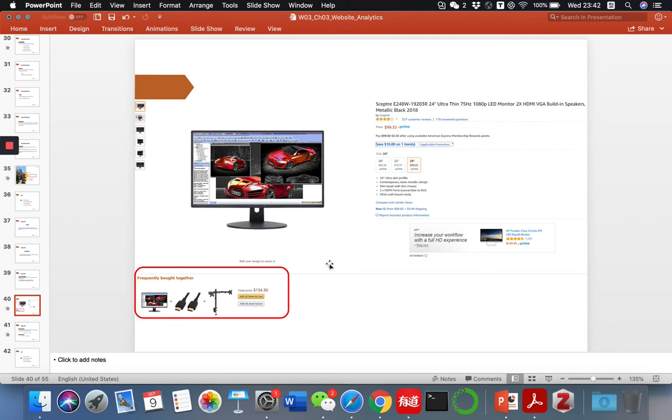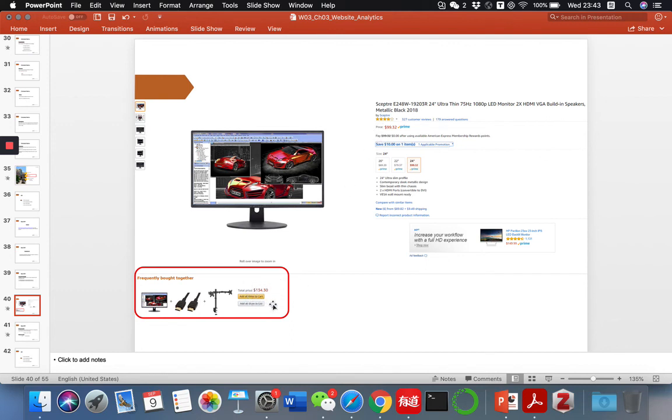And it's pretty easy for the customer to click this button. So the revenue for this deal will be upgraded from $100 to $134.